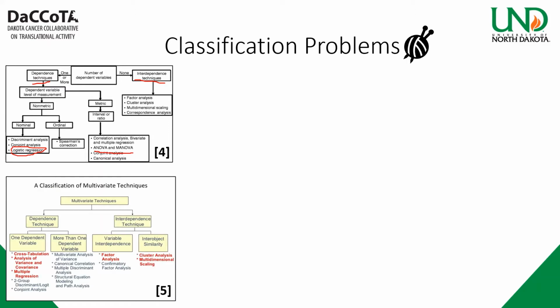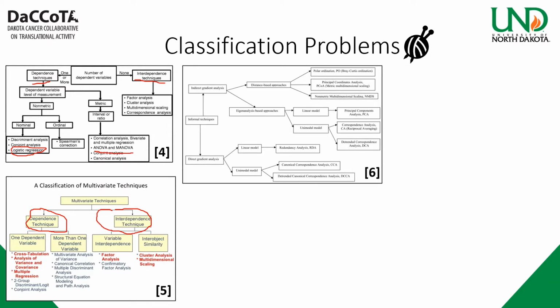Looking at another one, we again see a lot of times they start with dependence or interdependence, and you get a lot of interesting things here, but by no means all the things we want. Again, here's another way of looking at it, where you're looking at gradient analysis, the types of models, the type of approaches, and you get some more here, but again, it doesn't capture everything.